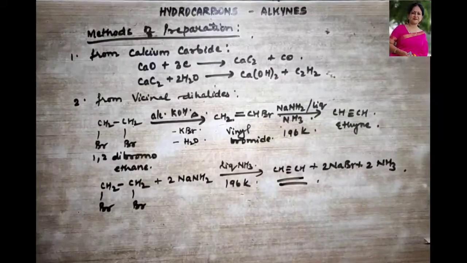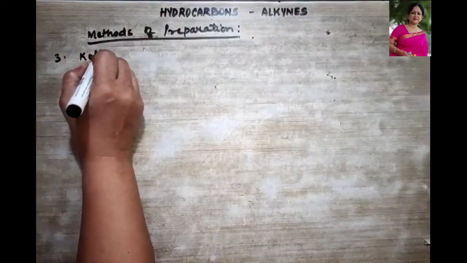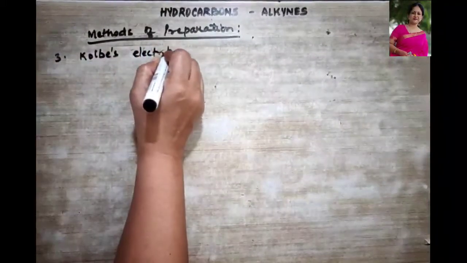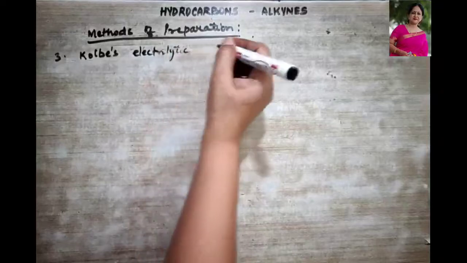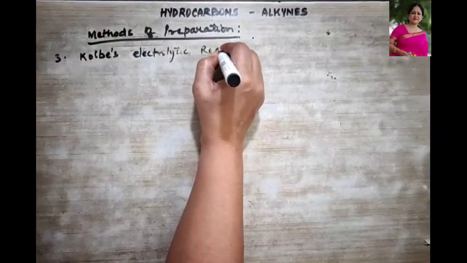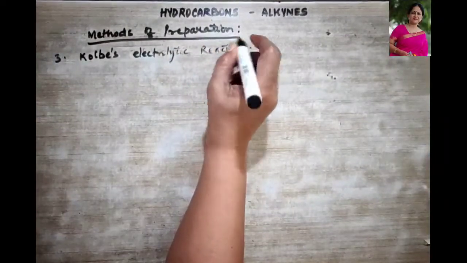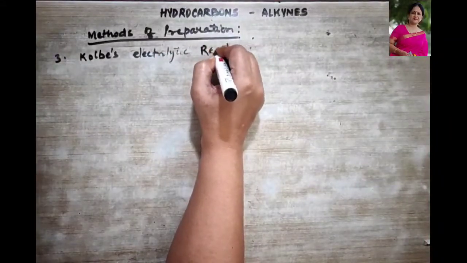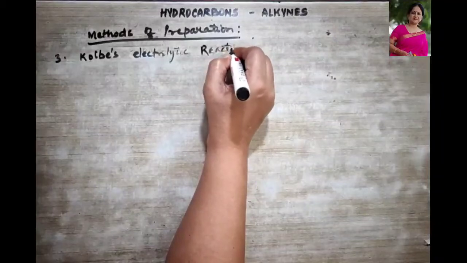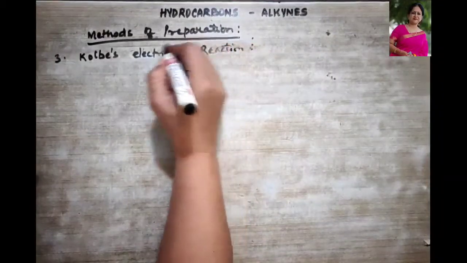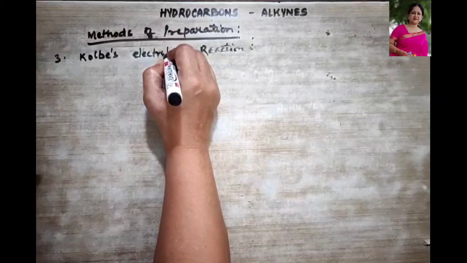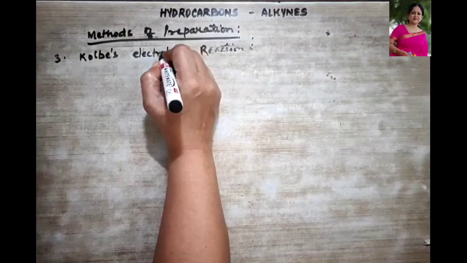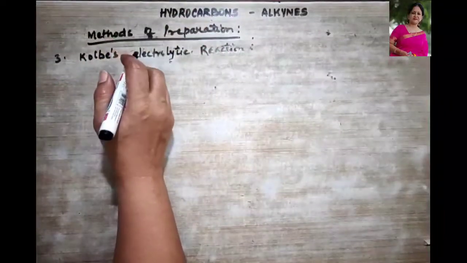Now the next method is Kolbe's electrolytic reaction. So let us see over here.